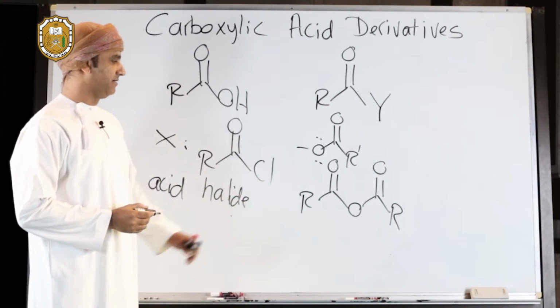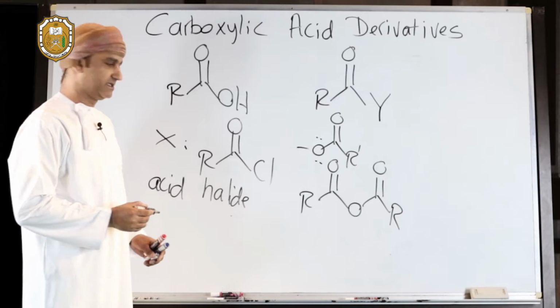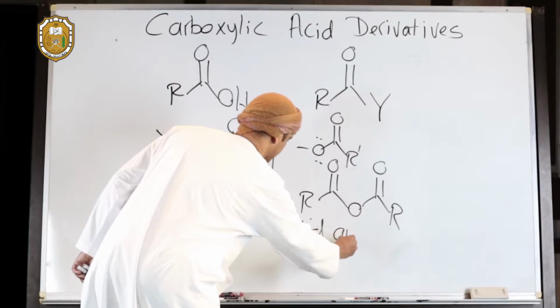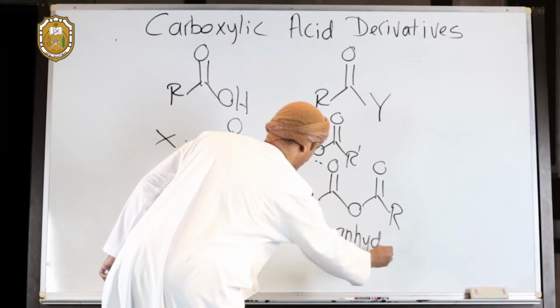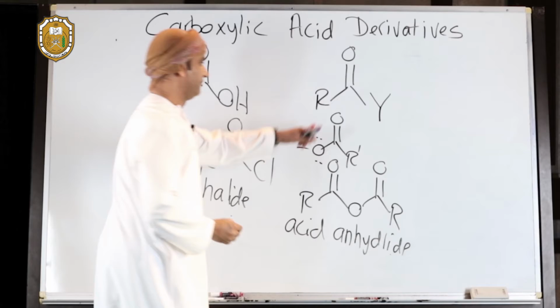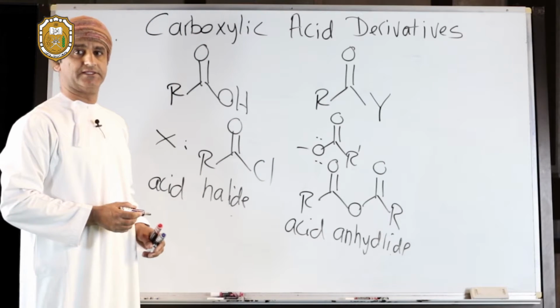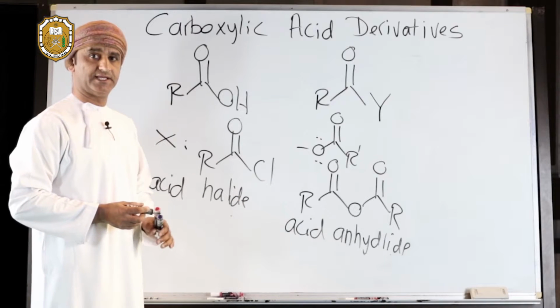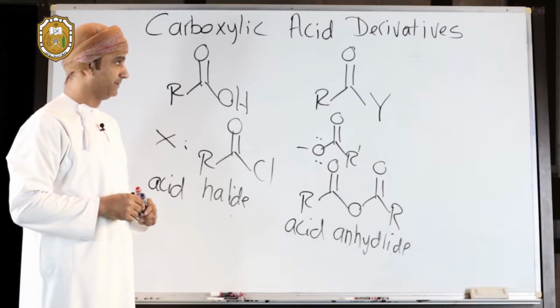So that's another example of a carboxylic acid derivative, and it's called acid anhydride if Y is a carboxylate. If Y is X, it's an acid halide. If Y is a carboxylate, it's an acid anhydride.